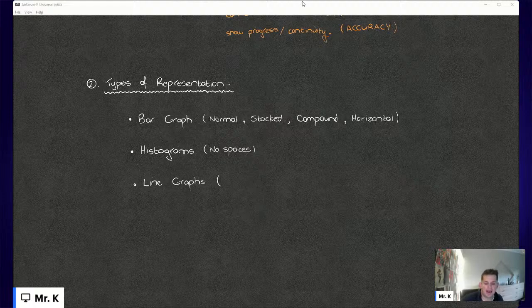We also have a compound line graph. Right, there are a few of them. So let's quickly write one or two notes about that. Sorry, guys, just give me a second.